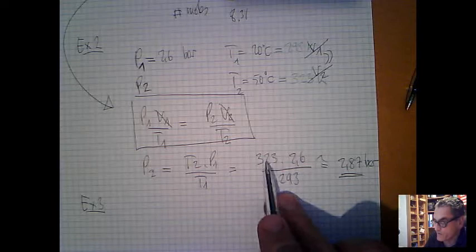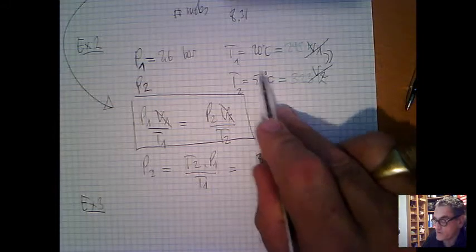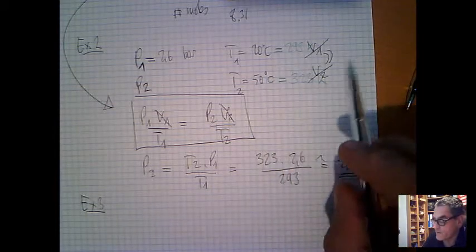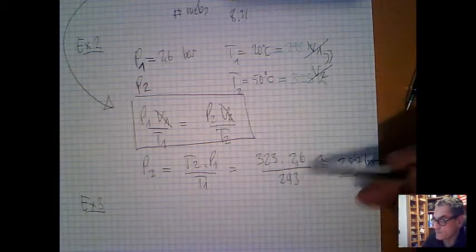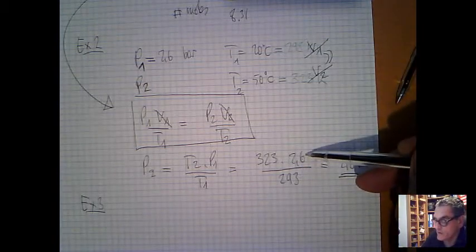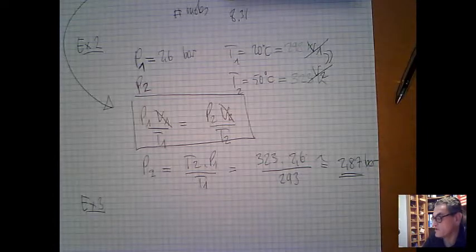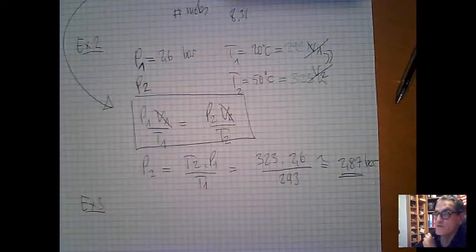For T2, we have the values in Kelvin, so it's 273 plus the value in centigrade, 323, and T1 is 273 plus 20, 293, times 2.6 bar, the initial pressure, and I get 2.87 bars. Okay, so the pressure inside the tires is increasing a bit while you drive.